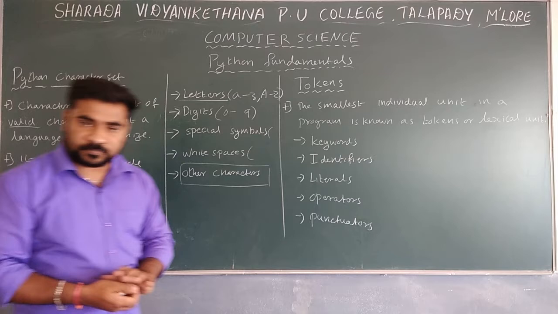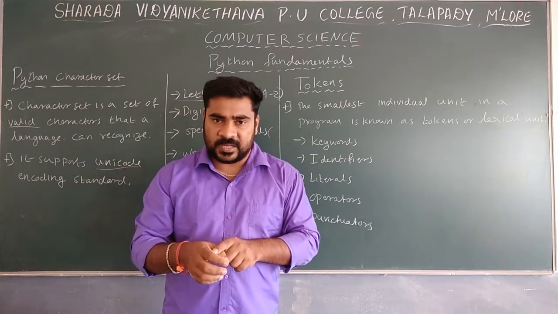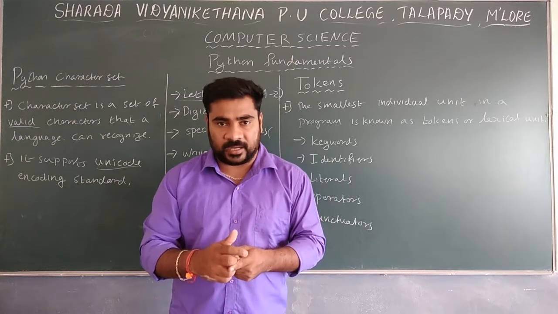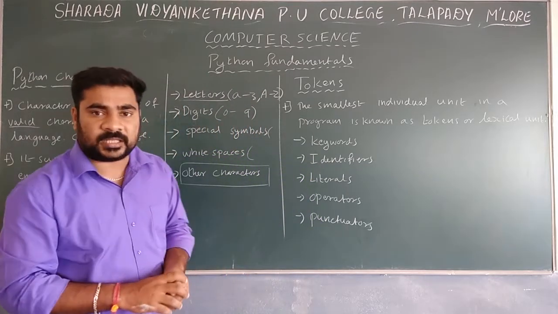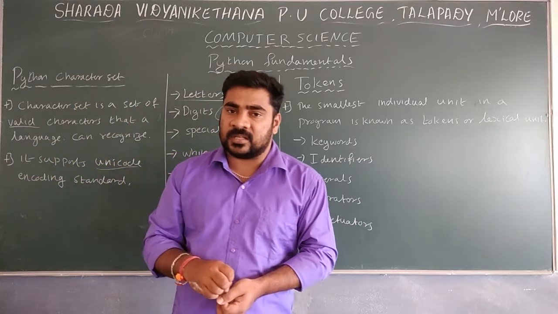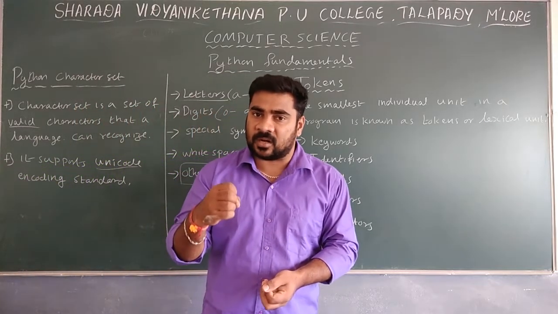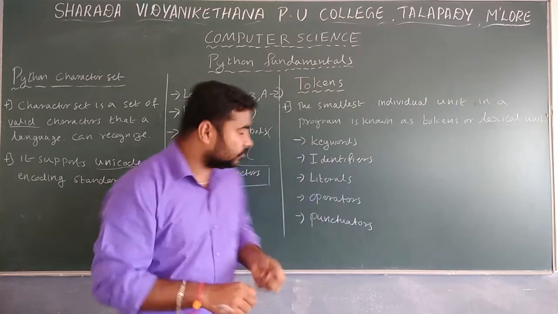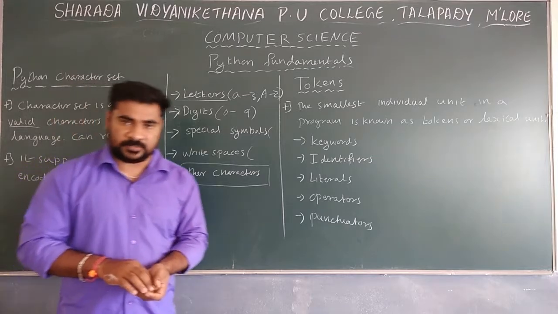Also white spaces: space, tab space, and enter, which means new line character. And also other characters, where we are mainly using the Unicode encoding format. In the Unicode encoding format, all characters can be encoded and recognized by the Python programming language. These are the different character sets.